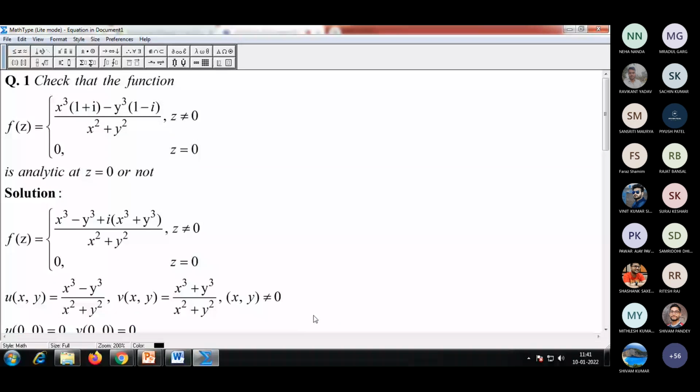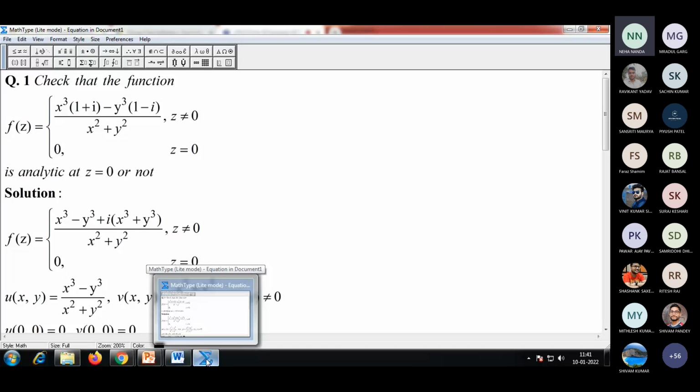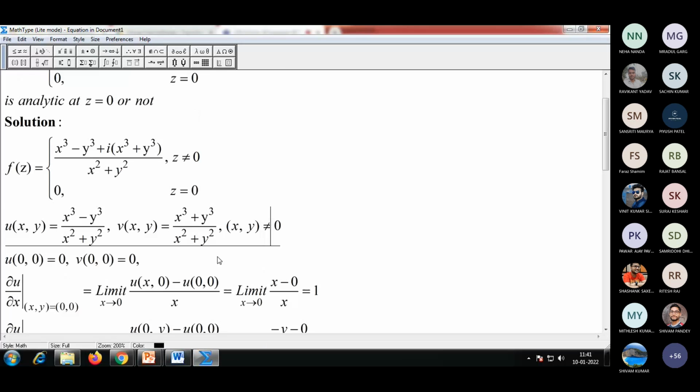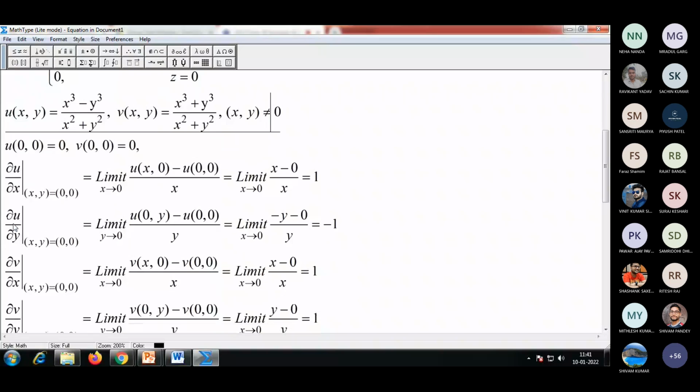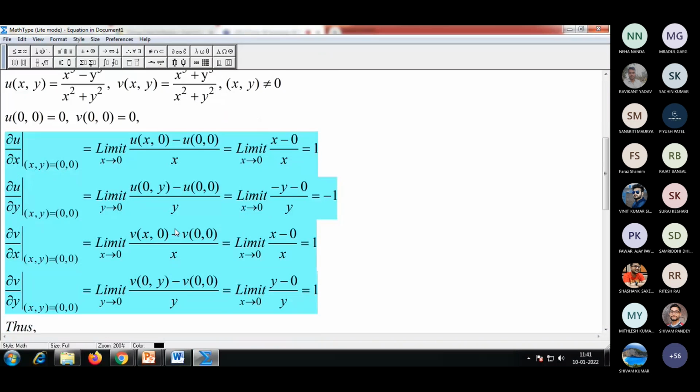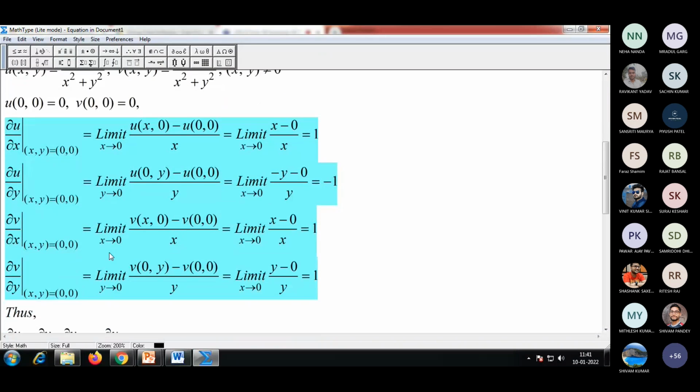Any doubts in this question, please? Neha? No, sir, understood. I think the theorem which I discussed in the last class is also clear. But if for any function CR equation is not satisfied, then there is no need to go for further conclusion.